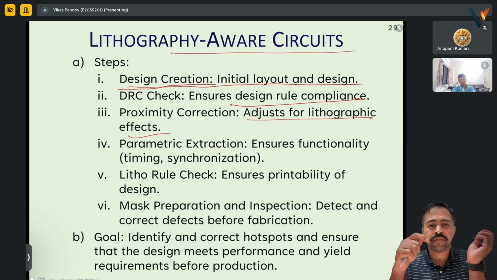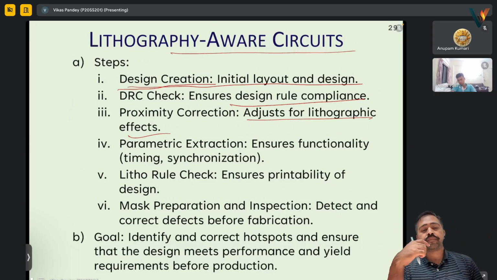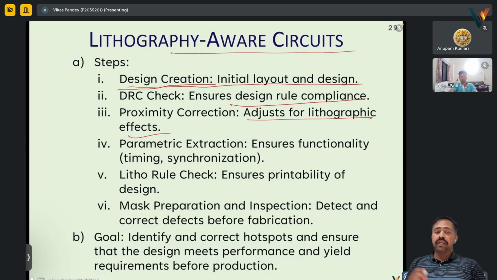Then we do the parametric extraction, timing, and the synchronization that will be done if it is in EBL. So this will define the printability of the design.